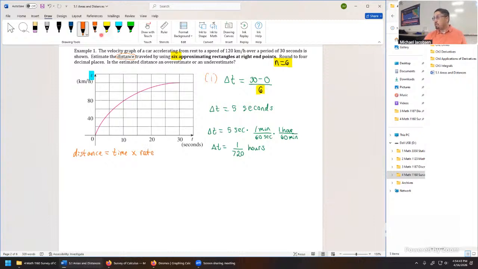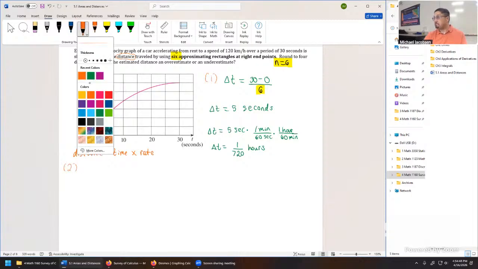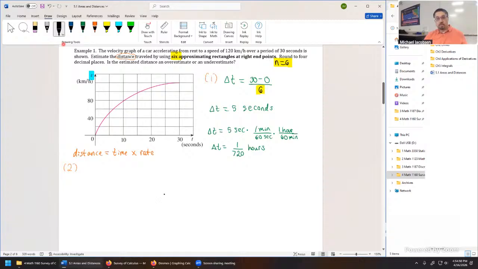Next thing we're going to do, write down the endpoints. So the endpoints, following the process from before, we'll call an x naught. X naught is going to be the value on the far left where the curve starts. 0. X1, we can add 1 over 720 hours, but for our endpoints, let's keep them in terms of seconds.